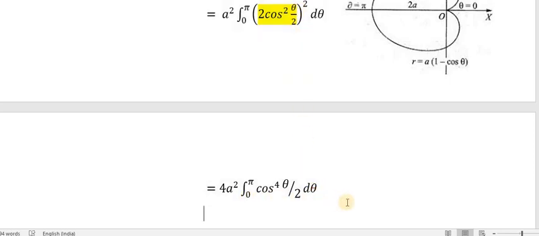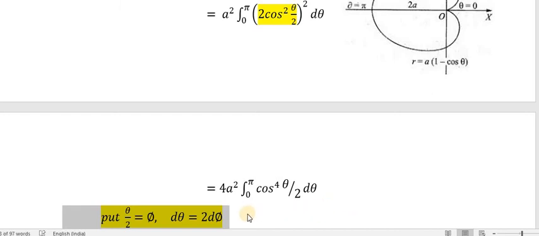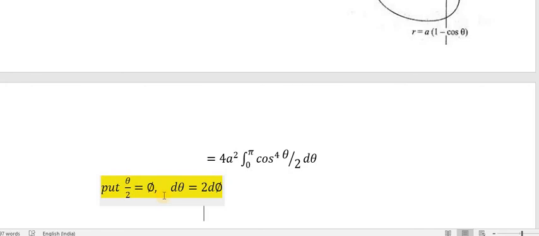Since it is a half angle, we cannot simplify directly. So take the substitution, theta by 2 is equal to phi. When you put theta by 2 is equal to phi, then d theta is equal to 2 d phi. And the limits also, 0 to pi becomes 0 to pi by 2. When theta is equal to pi, theta by 2 is equal to pi by 2.